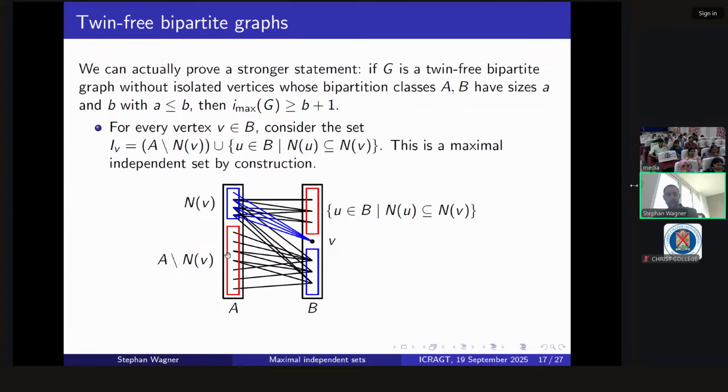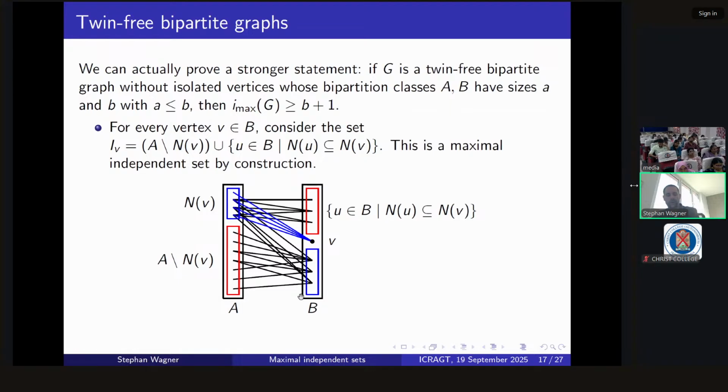And it's also maximal. I cannot include anything else because I would make it no longer independent, basically. So I have everything in here, everything here.